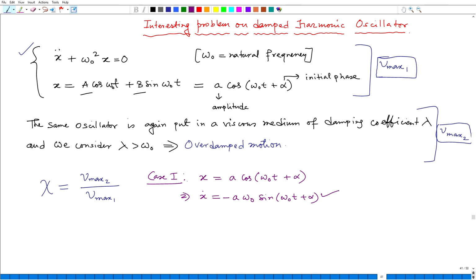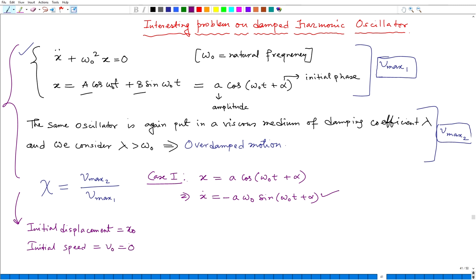In order to find the specific solution for this problem, we want to have some initial conditions, and that is why in this problem we say that the initial displacement is equal to x0 and the oscillator always starts from rest. So, initial velocity V0 is equal to 0, which we will use.